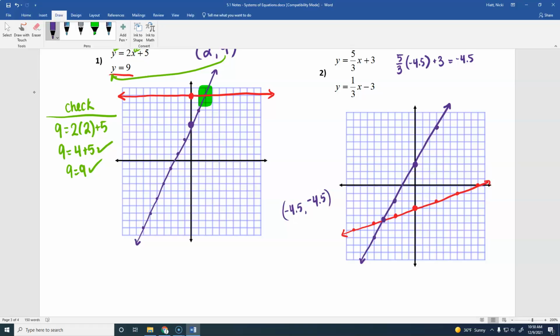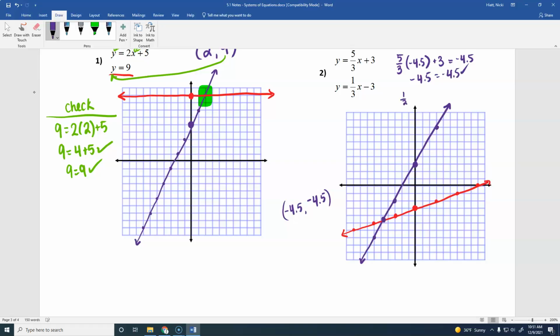Don't run and get one because it's only going to show up on this one. Here, 5/3 times -4.5 plus 3 is going to give you -4.5 when you type it into the calculator. So it works for this one.